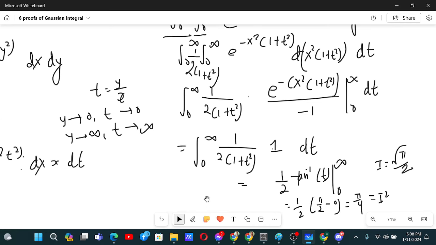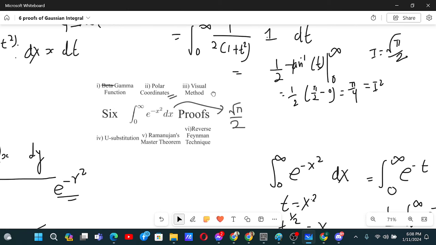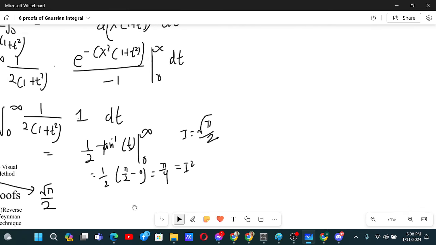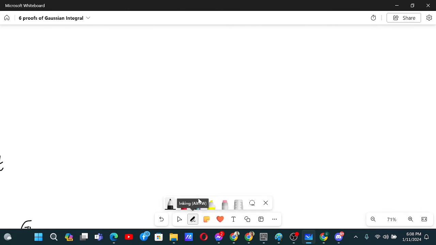Now let's go to the next proof. The next proof is from Ramanujan's theorem. This is quite similar to the gamma function.